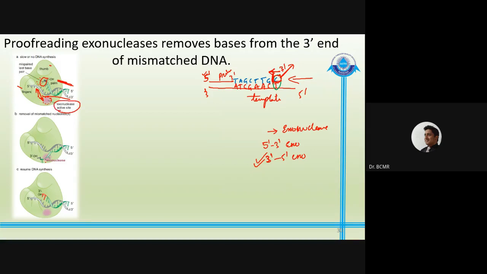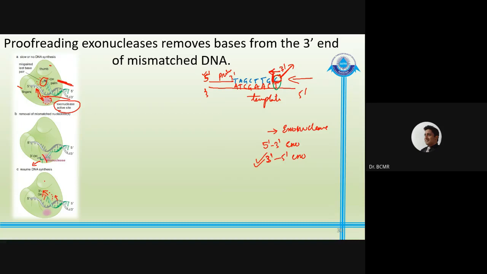So when it comes here, then using the exonuclease activity, the misincorporated bases will be eliminated. And then, because there are no misbase pairings, the interactions of the DNA with the palm region will increase, and then polymerization will resume.